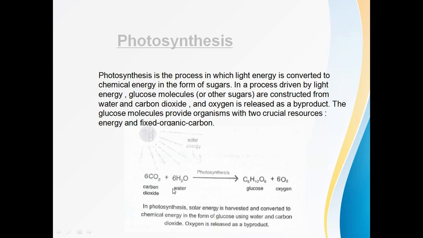Glucose is a carbohydrate. So carbohydrates are produced during photosynthesis, which can be converted or transformed into different proteins, nucleic acids, and lipids by living organisms.